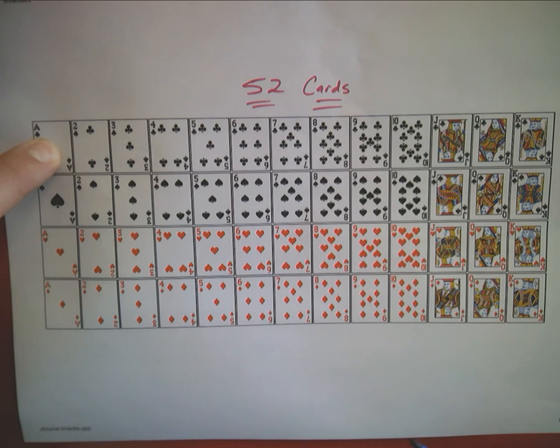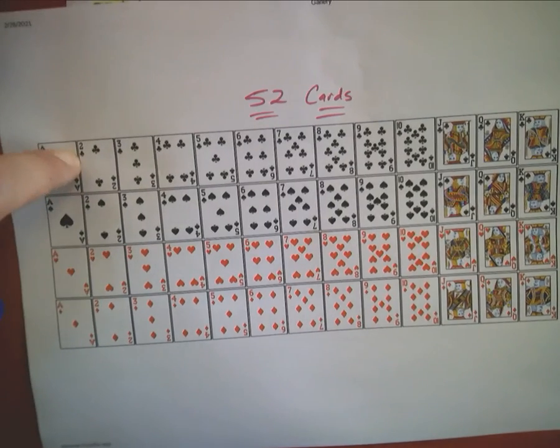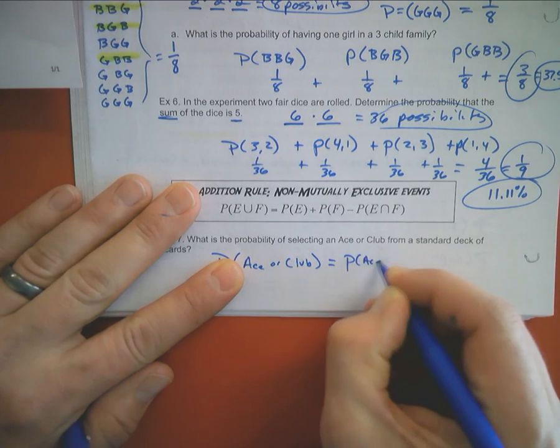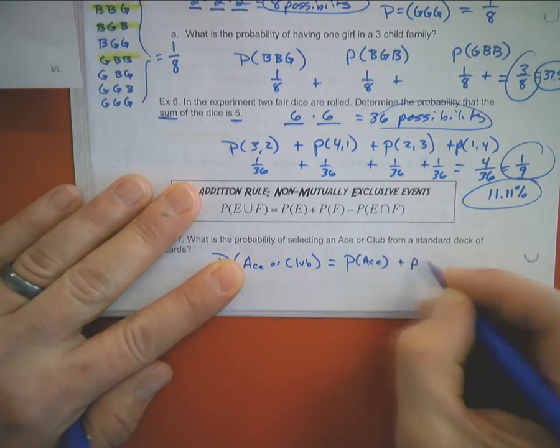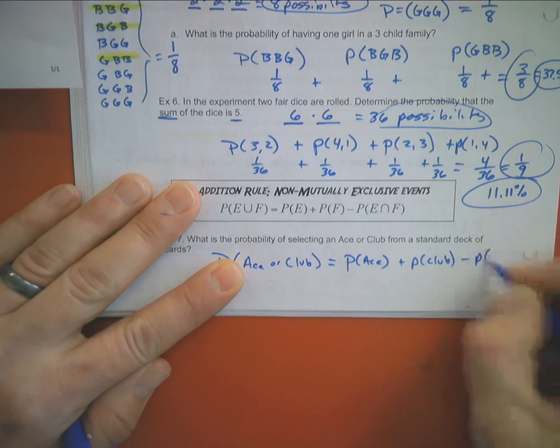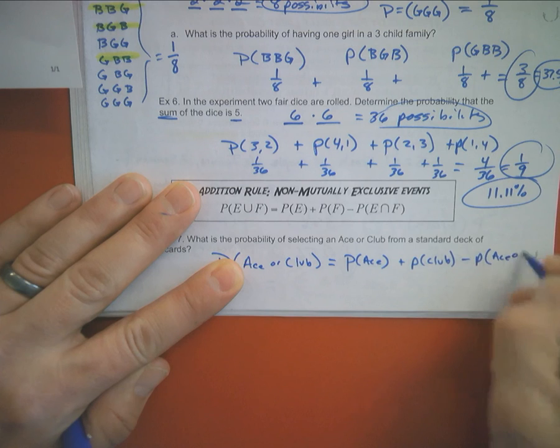That's the overlap. So I either have to exclude it on one of them or subtract it at the end, okay? So that's what this formula is saying. Take the probability of an ace plus the probability of clubs, but then subtract the ace of clubs.